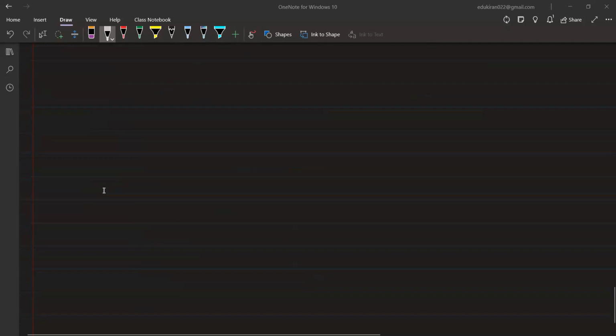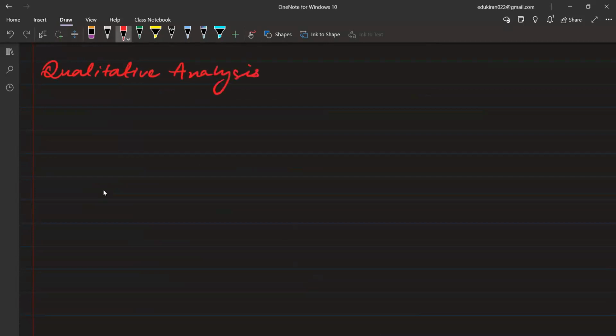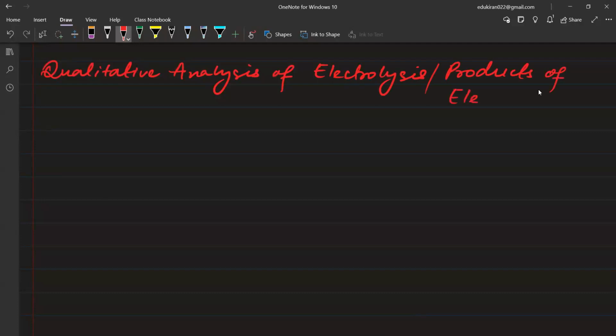So please write qualitative analysis of electrolysis. Topic is qualitative analysis of electrolysis, or you can write another topic, same चीज है, products of electrolysis. ठीक है.